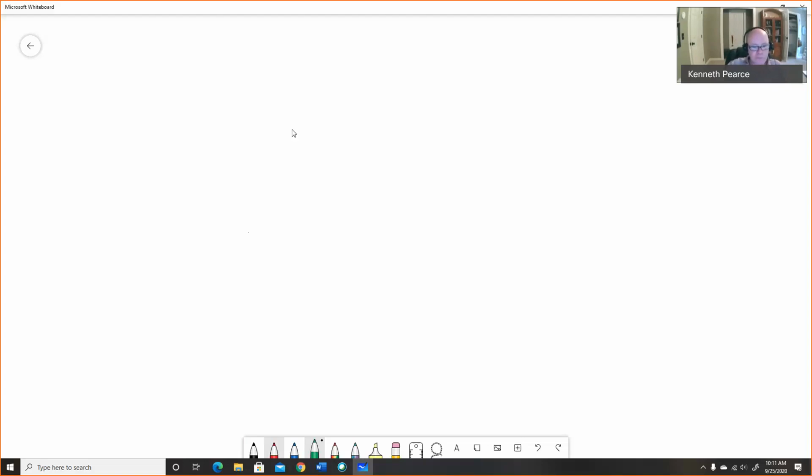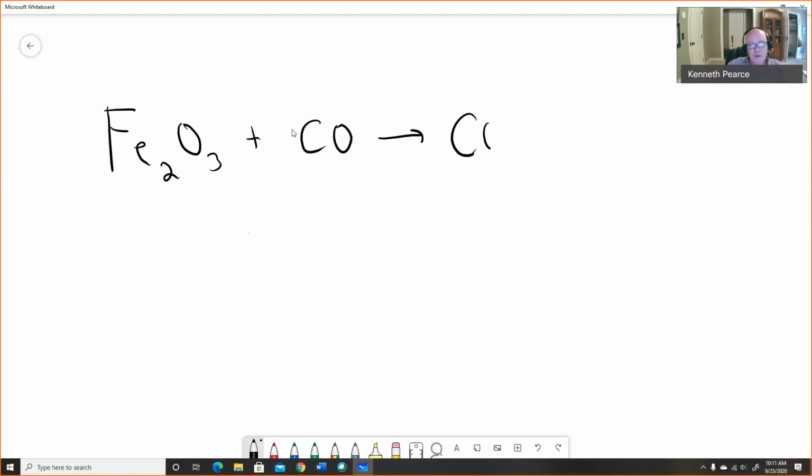Let's try this one. Let's say we have iron, Roman numeral 3 oxide, plus carbon monoxide goes to carbon dioxide plus iron. This is how you refine iron oxide into iron metal, is you react it with carbon monoxide.